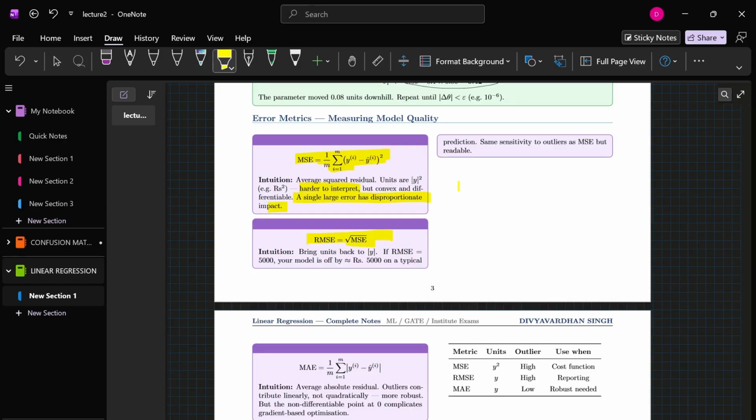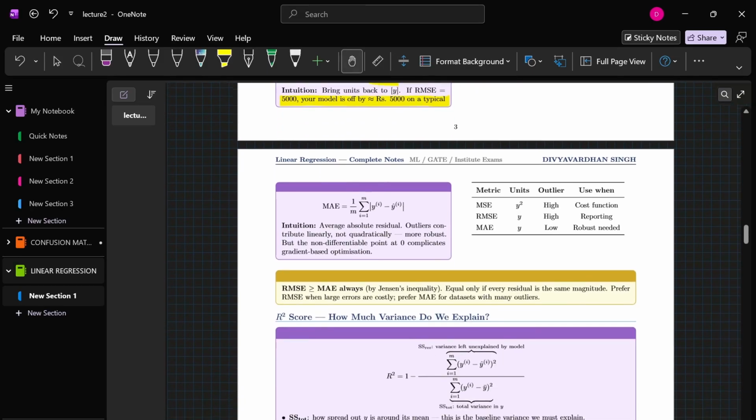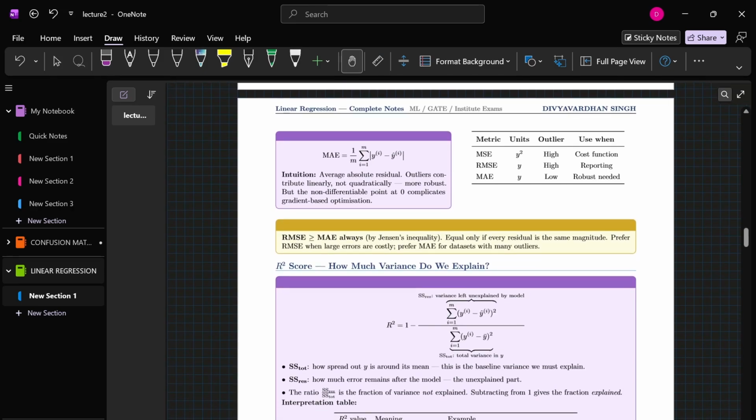Now moving forward, we have root mean square error. By taking the square root, you get back to the original unit. For example, if RMSE is 5000, then your model is off by roughly 5000 on a typical prediction. Next we have MAE. We have already compared MAE with MSE, so you can just see the definition of it here.